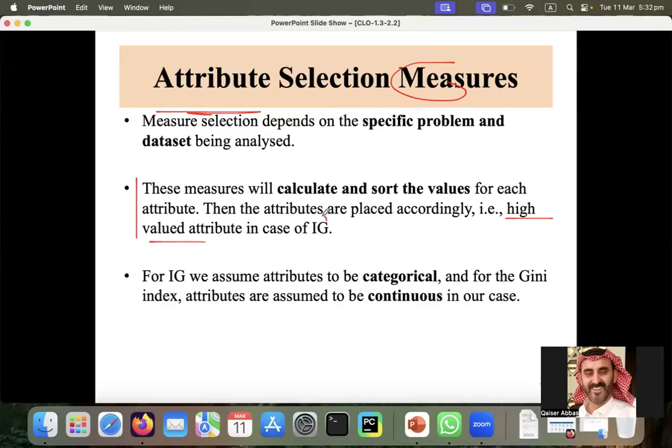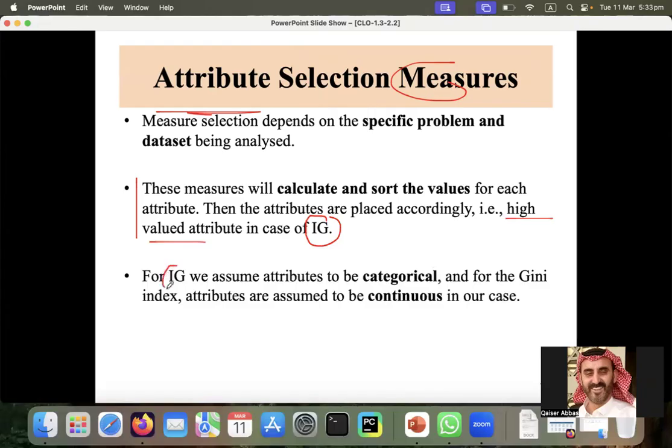If you are considering information gain, IG, then you normally consider the largest value. If you apply it on the features, it will keep the highest valued feature first, and then the rest in decreasing order.